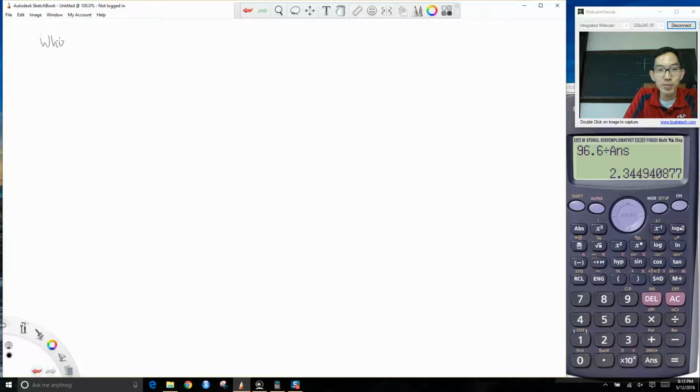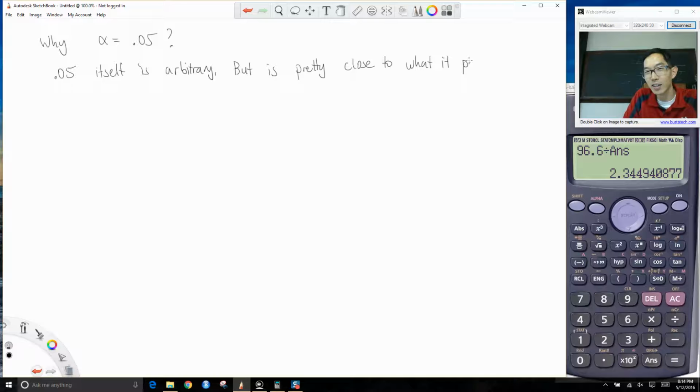So why alpha equal to 0.05? 0.05 itself is arbitrary, but it is pretty close to what it probably should be. Yes, I think 5% is a good value.